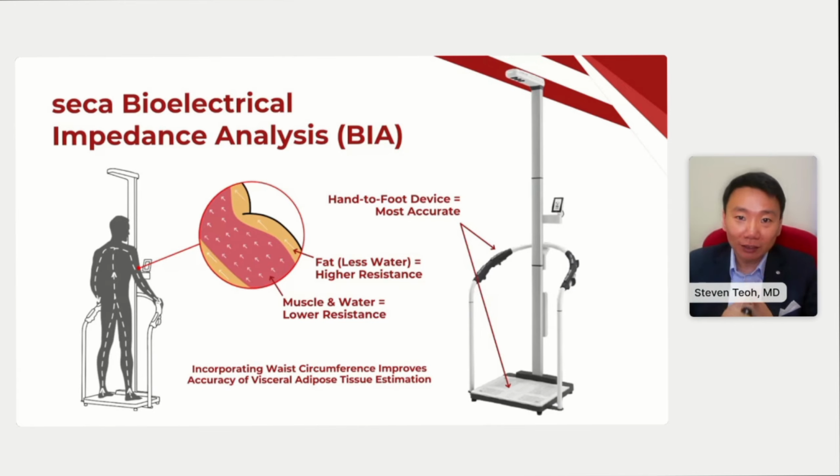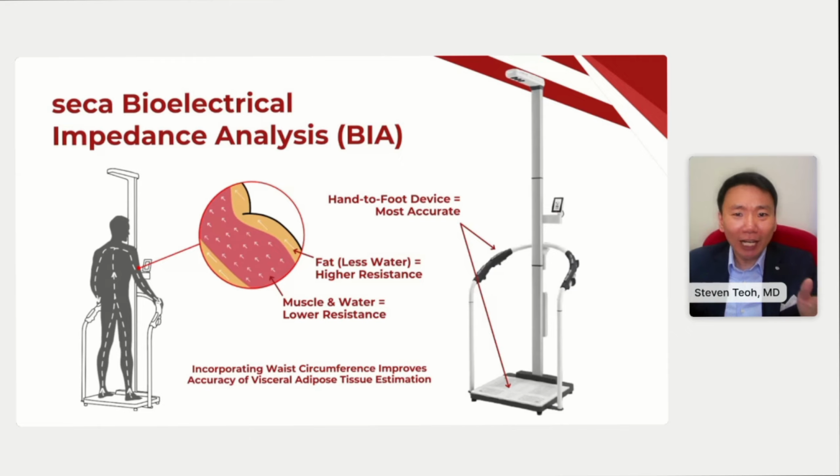Muscle and water conduct current easily, therefore they have lower electrical resistance. Second, fat contains less water, so it has higher electrical resistance. Then the device measures impedance and uses prediction equations to estimate body composition parameters such as fat mass, muscle, total body water, and visceral adiposity.